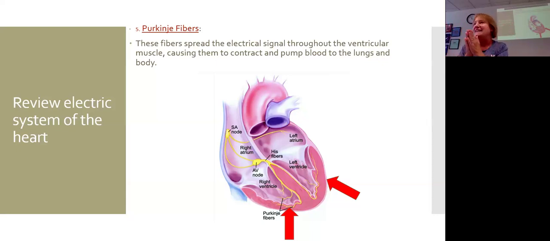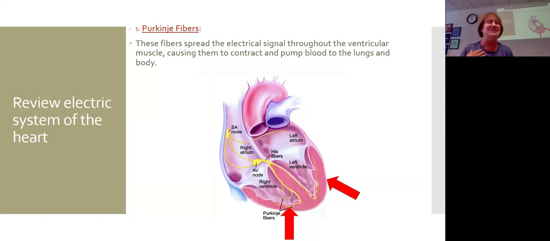What I do want to say is when you're pregnant and that embryo develops, the very first cells that are developed are these little tiny pacer cells. And that's why you can hear a heartbeat at like 6 weeks old. It's the pacer cells, which is the SA node. It's the first thing that's developed, which I love.